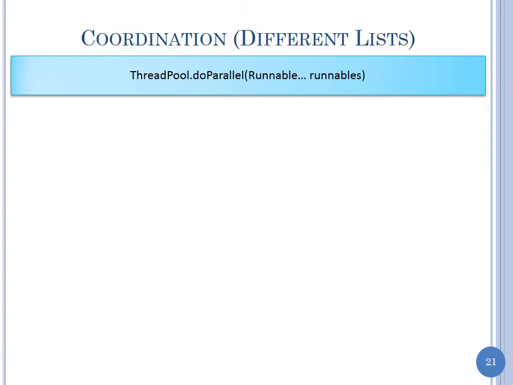Well, why don't you guys tell me, now that we've understood so much, what are the steps that this do parallel should do? Just in any order. It's been given a bunch of runnables, yeah.